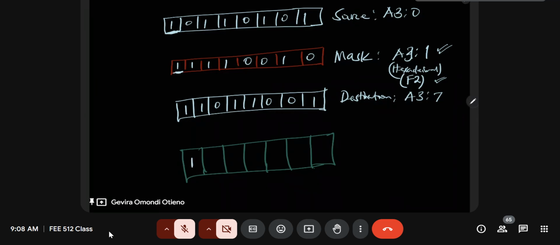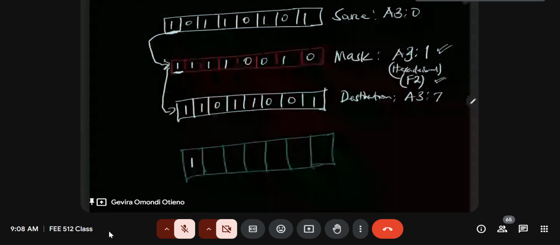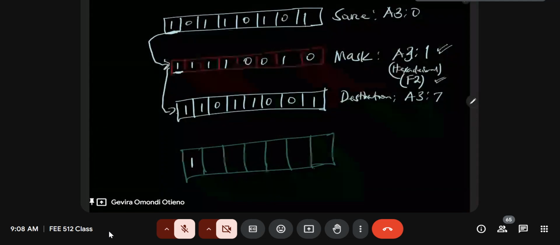Because we wanted to transfer 1, and the mask is providing a 1, which allows us to transfer that information to the destination. Here, the destination already had a 1, but if it was a 0, we would have changed it into a 1. We would have overwritten it. Okay? Let's go to the second one.